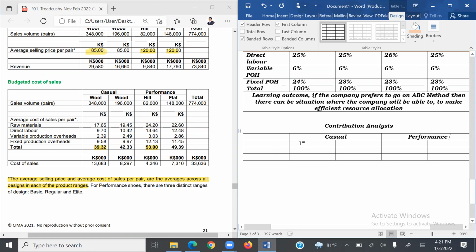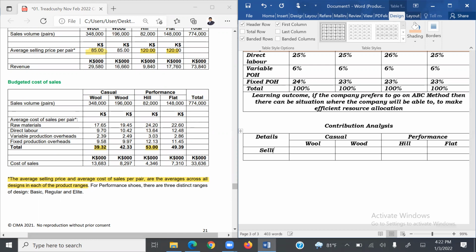Then I'll write down here as wool, and wood. I'll write down here as hill, and here as flat. And here I'll merge it and put as details, so that it is even more easier for you to understand.